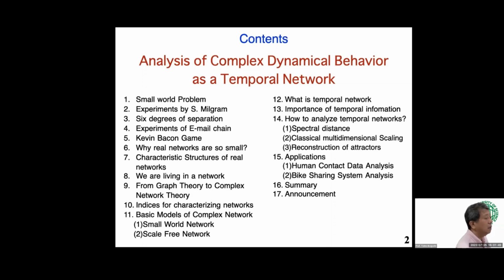There are various analysis methods for temporal networks, but in today's talk, I will introduce the spectral distance, which is used to measure internetwork distances, and its applications. I will talk about two applications to evaluate the dynamical behavior of networks in the real world.